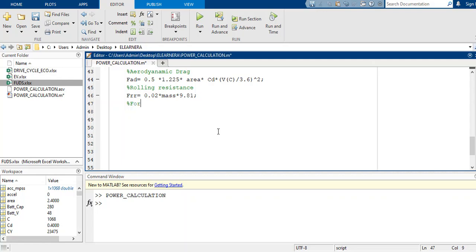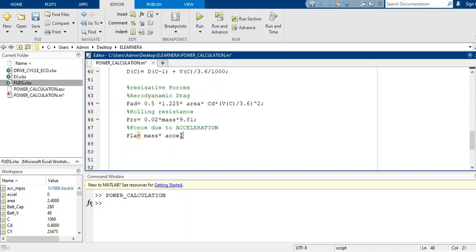The resistive force due to acceleration, that is FLA we are putting here, then it is mass into the ACEL, means the acceleration value which we have found already.